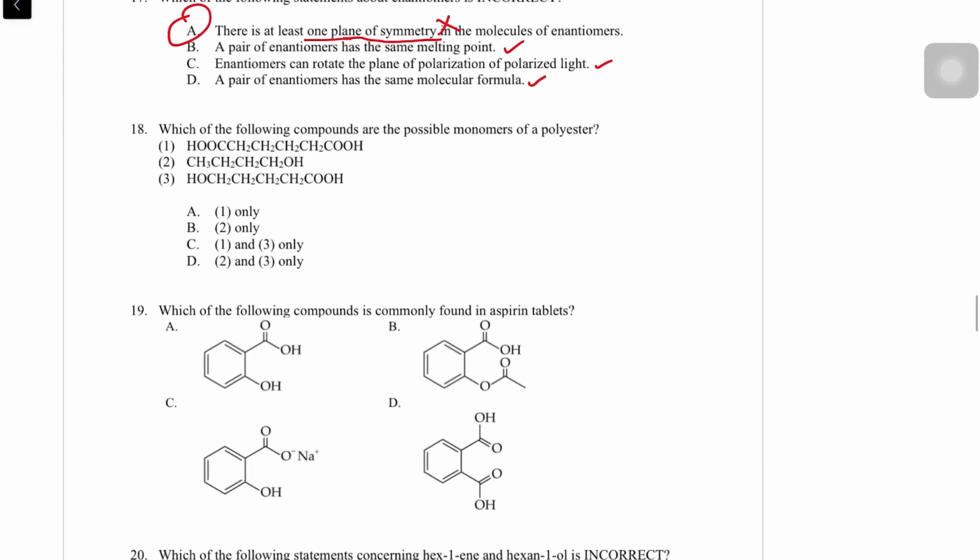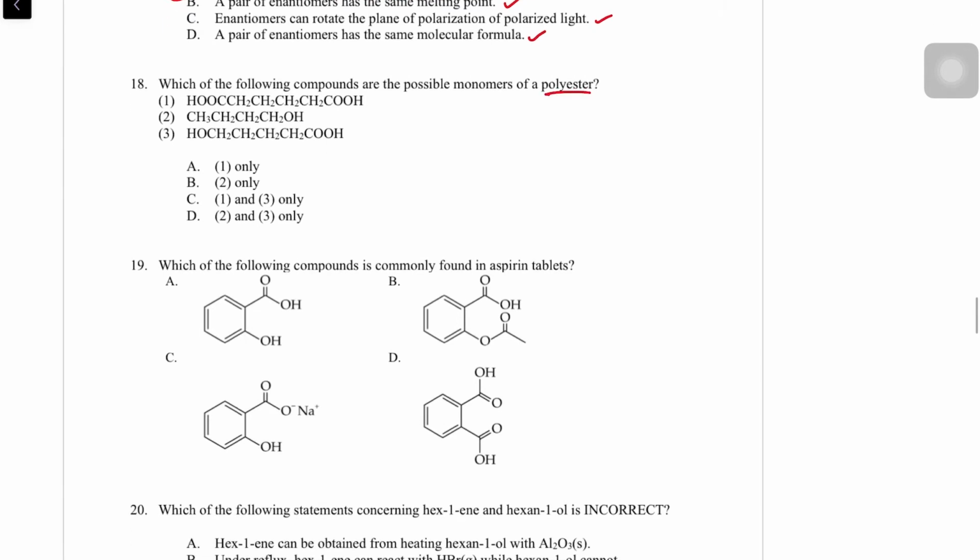Next one, 18, possible monomer of polyester. For polyester, that means they should have bifunctional groups. They should have two functional groups within a single molecule. So 2 won't be the choice.